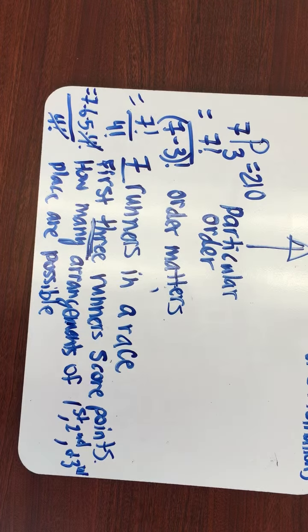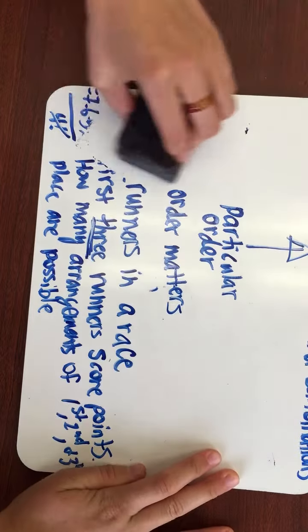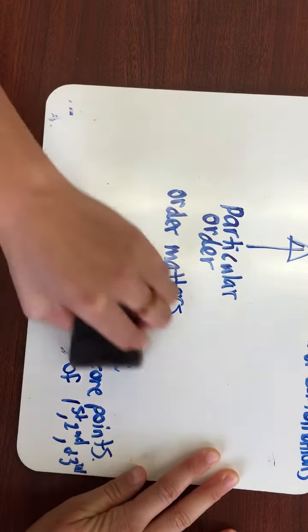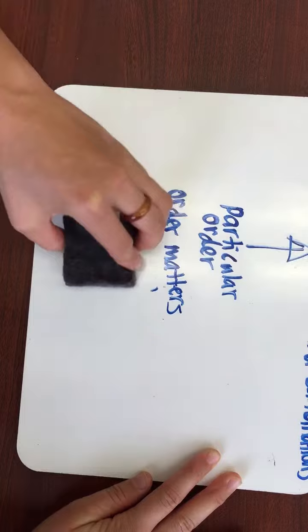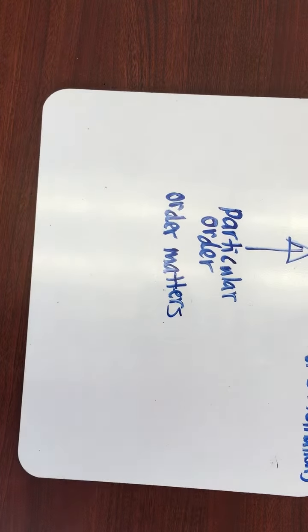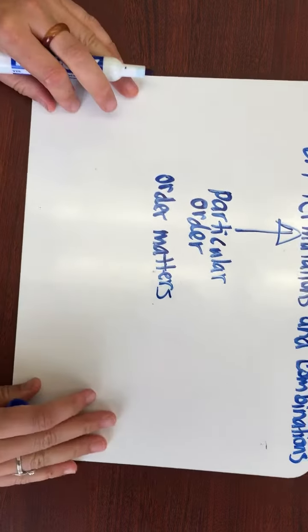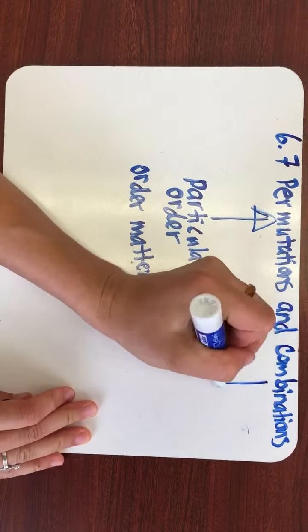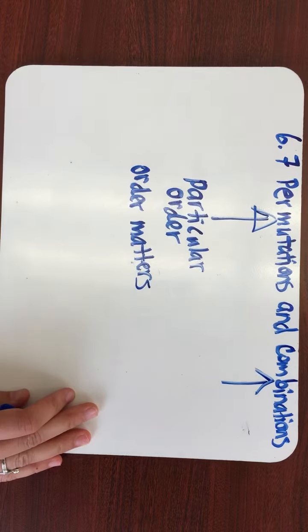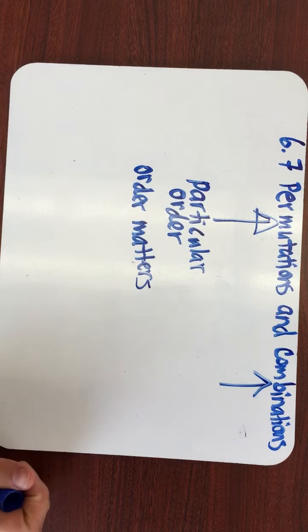Okay, so moving on. Now we're going to look at combinations. For combinations, we're still looking at a selection and how many times the selection can come up.